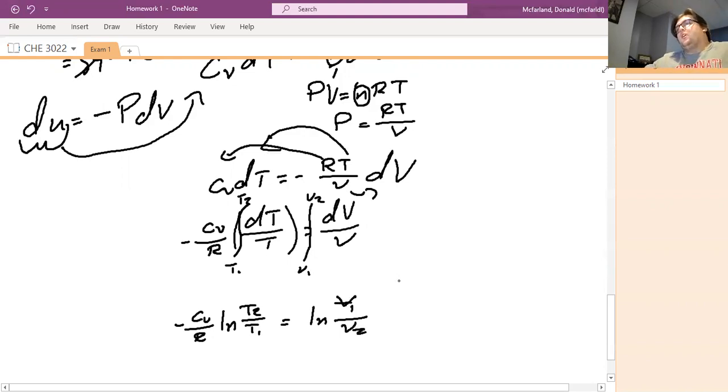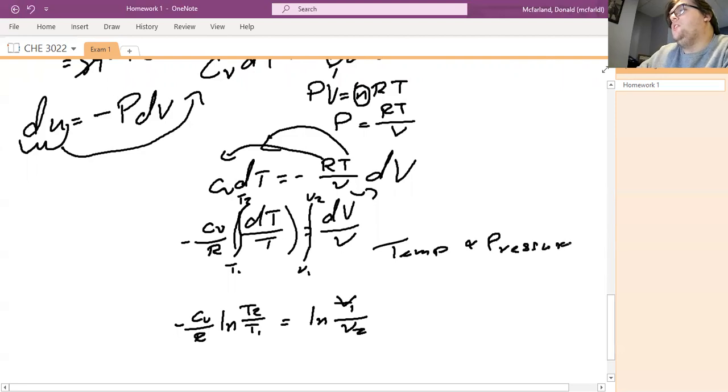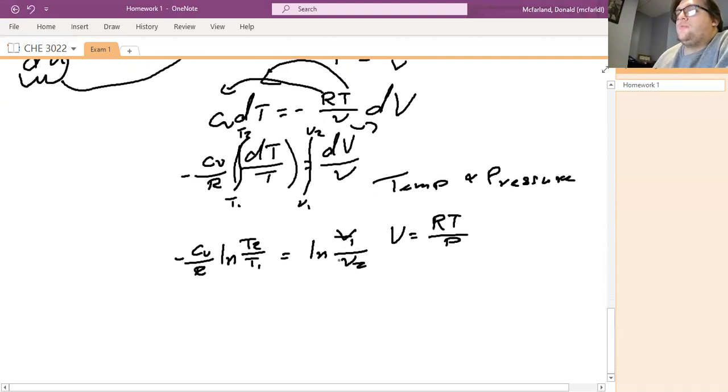Now notice our problem: we are concerned with temperature and pressure. We don't really care about volume too much. So, since we already have temperature, we can use volume to bring back pressure. Volume is just going to equal RT over P. Scroll down some more.